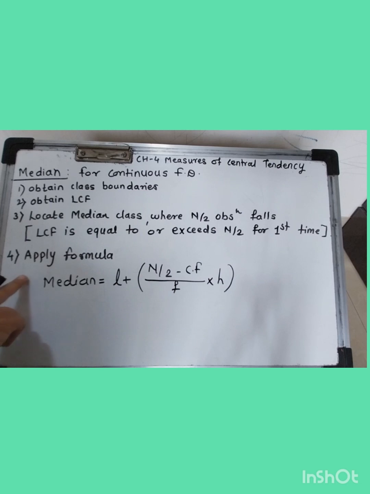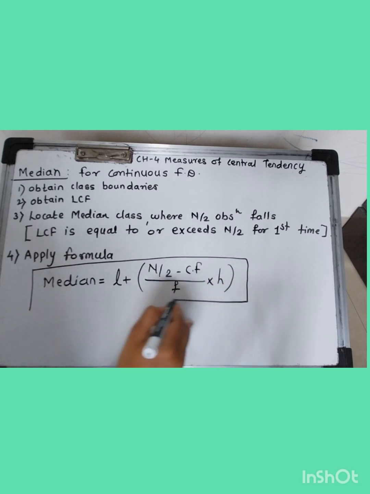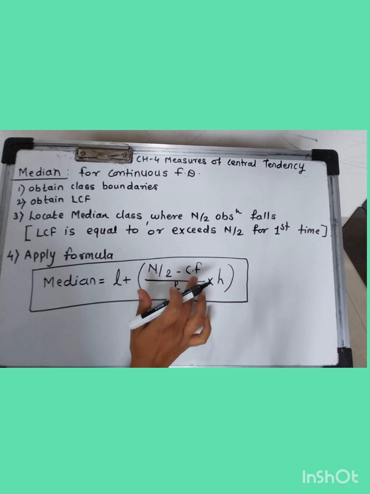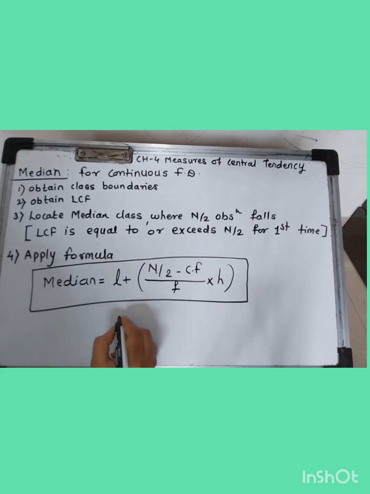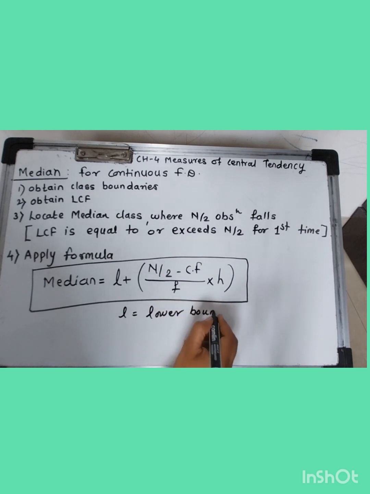Then apply the formula. This is the important formula: Median = L + ((N by 2 minus CF) upon F) into H. Where L is the lower boundary of the median class.